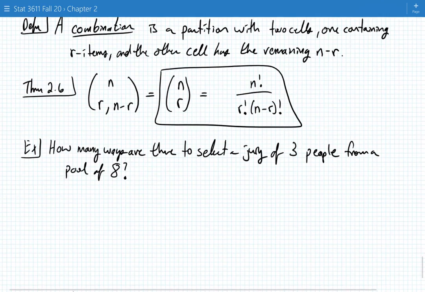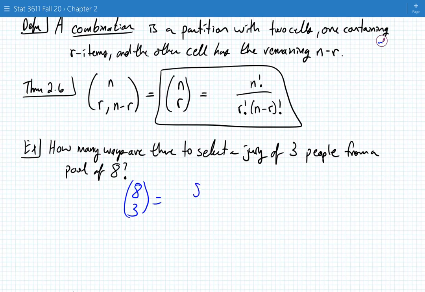Notice that this is not a permutation question. This is not 8P3 because the ordering doesn't matter. You're just either in the jury or you are not. It's a partition into 2 cells. So this is simply 8 choose 3, which is 8 factorial over 3 factorial times 5 factorial. Working out the arithmetic there, we should get 56. And there is your combinations.